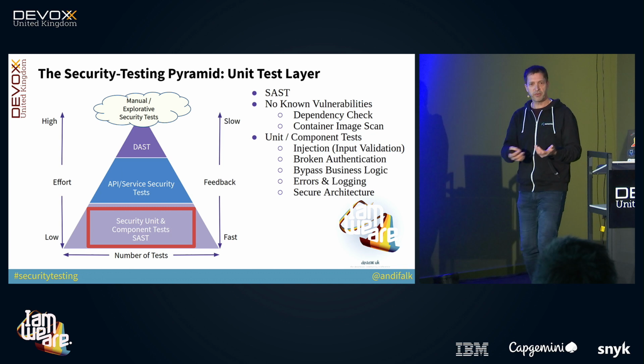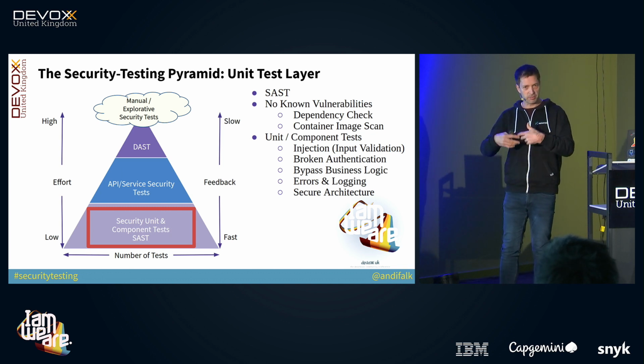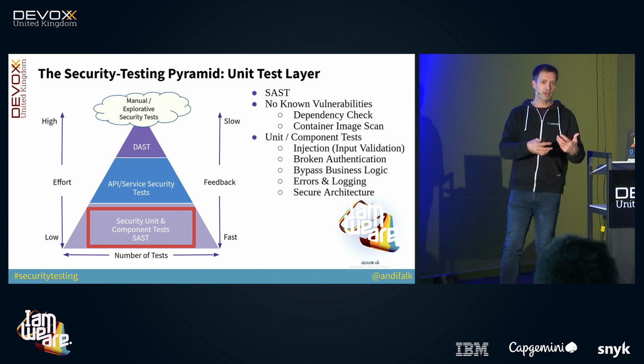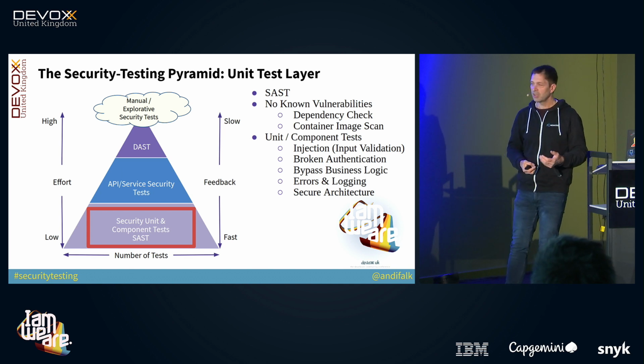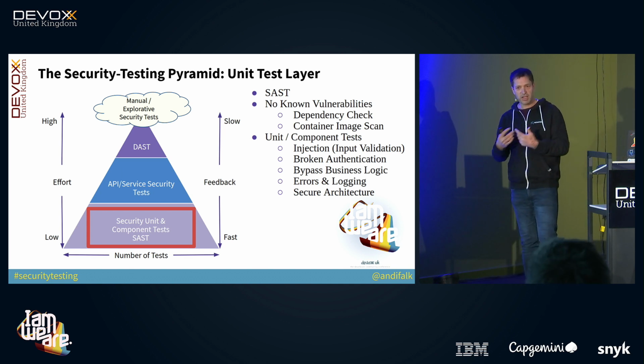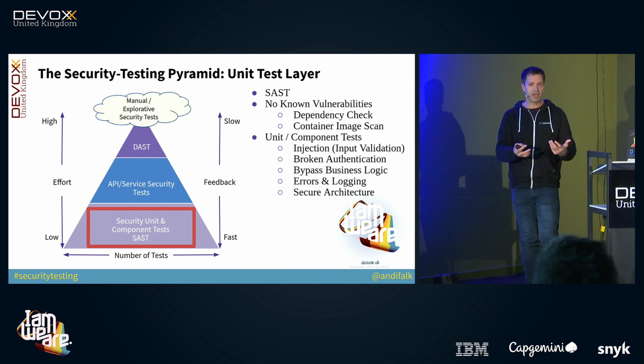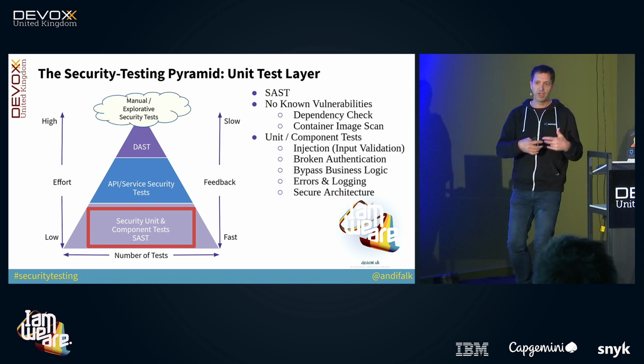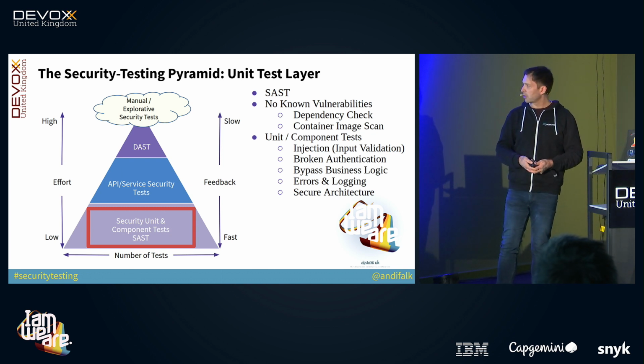Usually with unit tests, you test that the business logic is according to the specification. But you can also write negative tests that try to bypass the business logic and try to misuse that business logic.